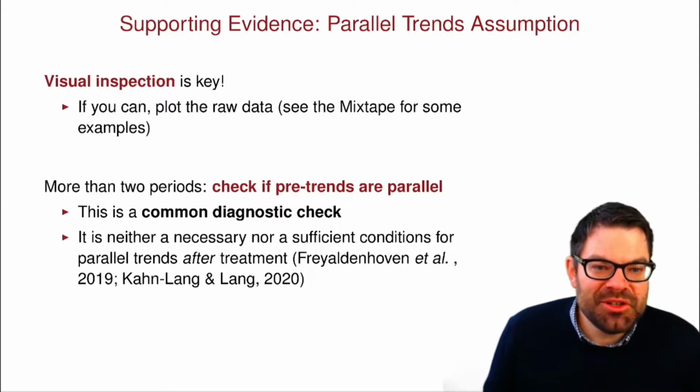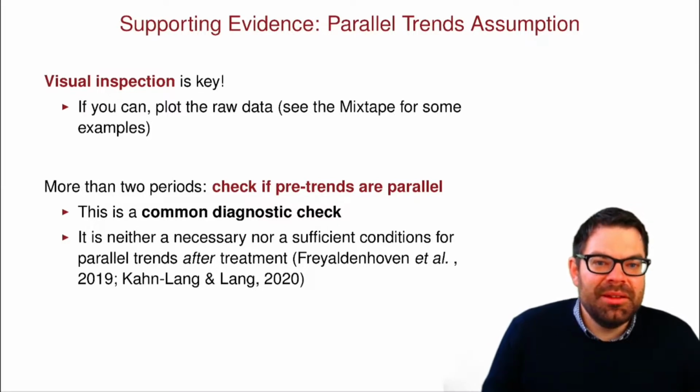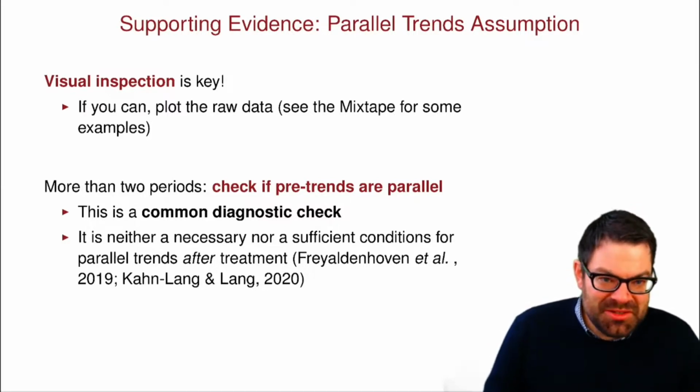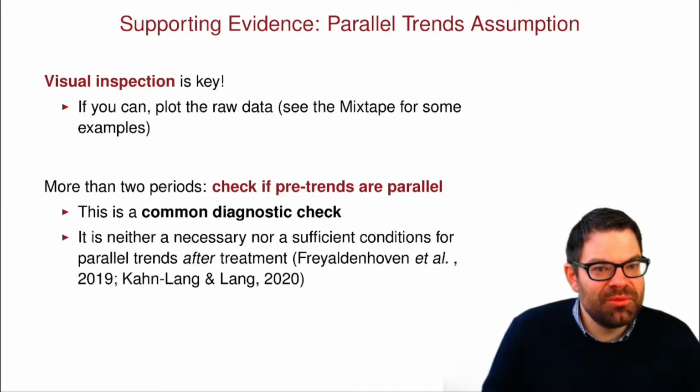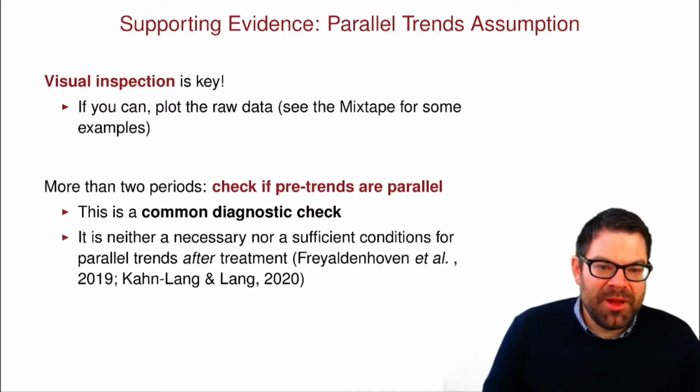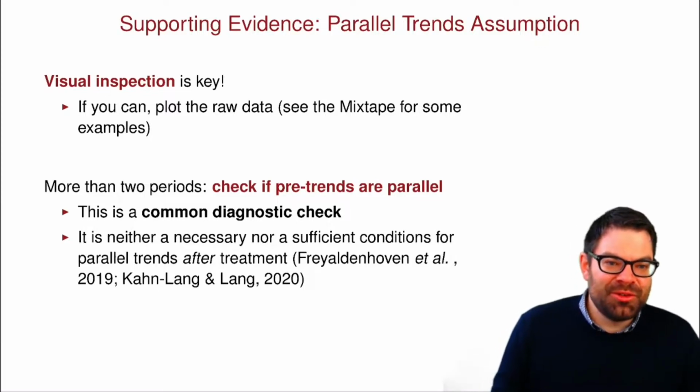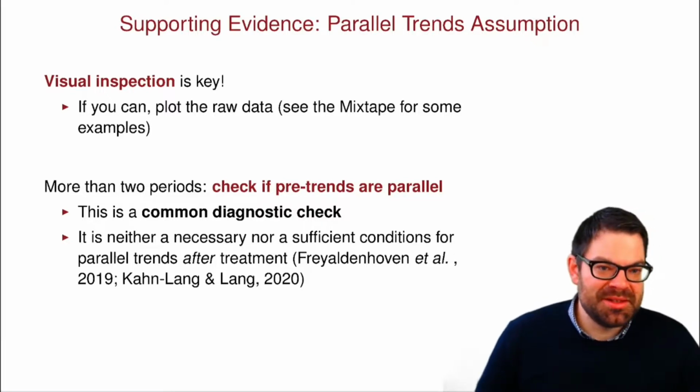Now, I already mentioned that you, as a researcher, if you do a diff-in-diff analysis, you need to provide supporting evidence on the parallel trends assumption. And for that, you need to really provide a visual inspection of anything that could help you in showing that this assumption is plausible.